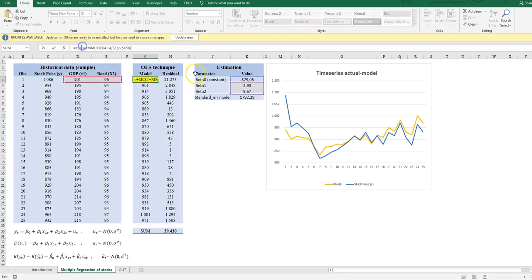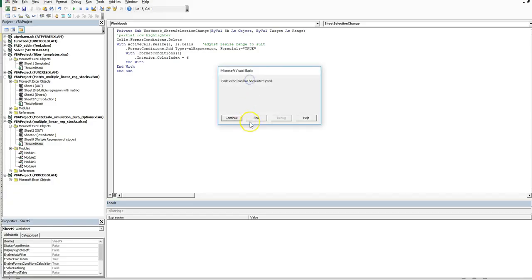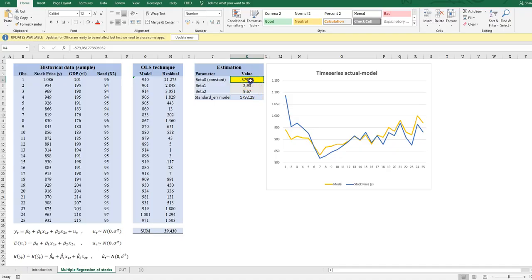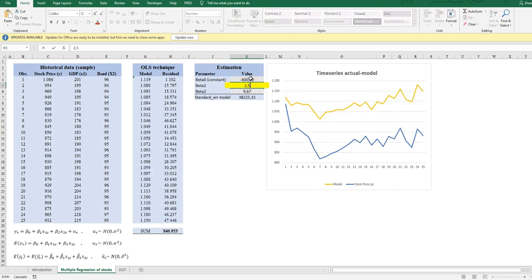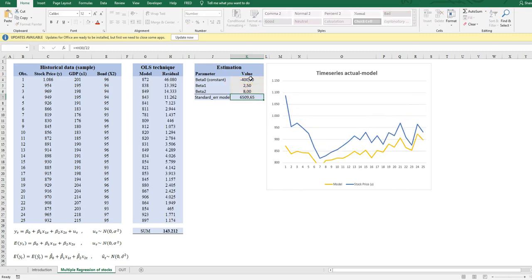I have a constant over here. Oops, sorry. I'll just put some other values in here, because those are the correct ones that I calculated during the rehearsal.